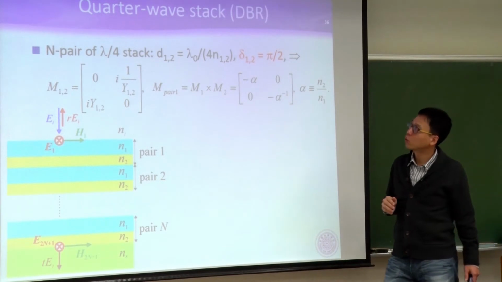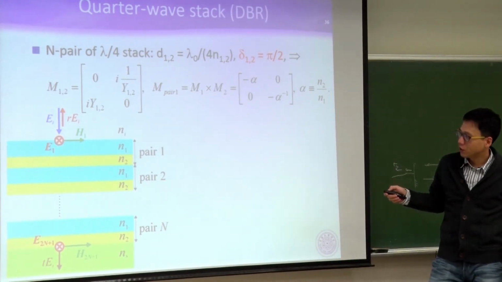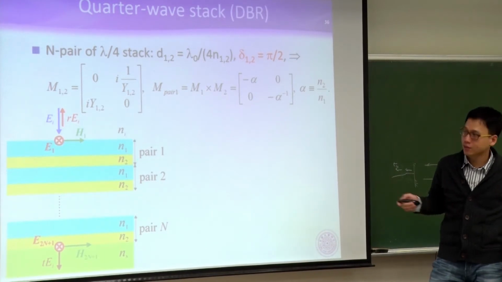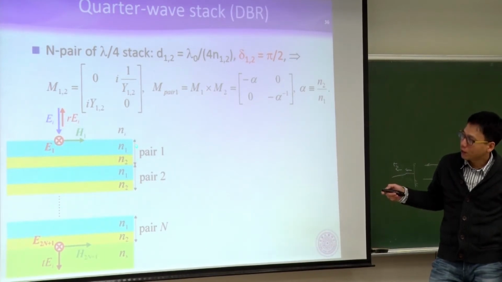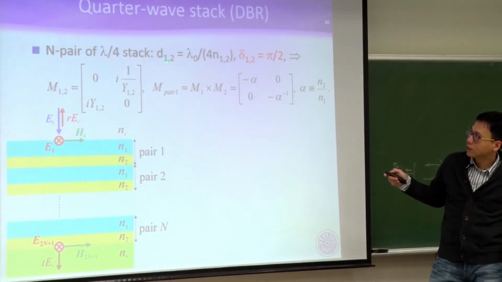One example, quarter wave stack. Here we have n pairs of layers. One pair consists of 2 layers, index n1, index n2, and the thickness are fixed.